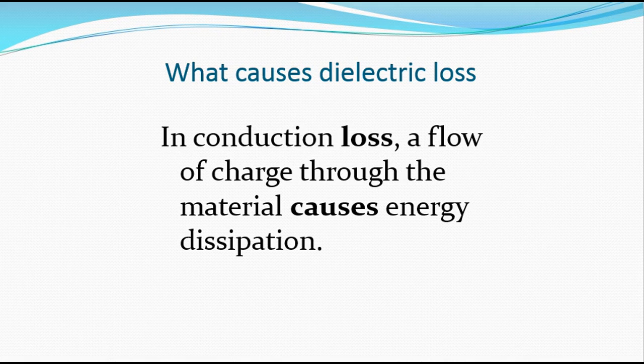Once it is created, it will now cause energy dissipation. What is energy dissipation? Energy dissipation is just to let you know that it has lost some energy in the process after creating that polarization. So that is the cause of the dielectric losses.